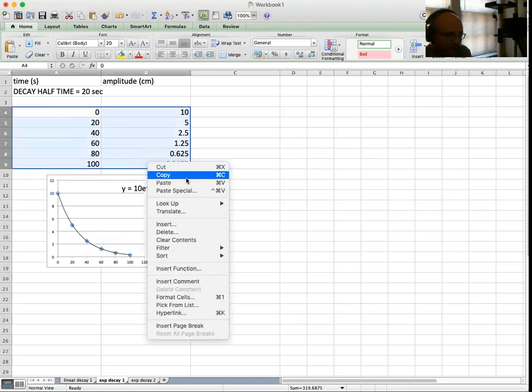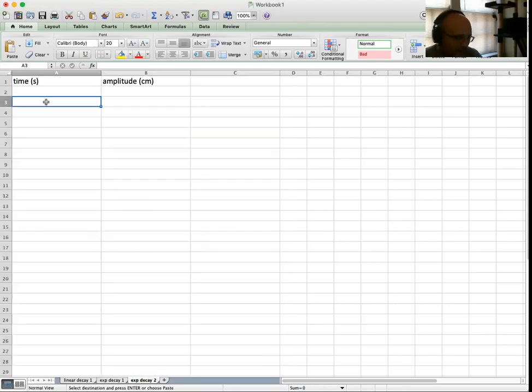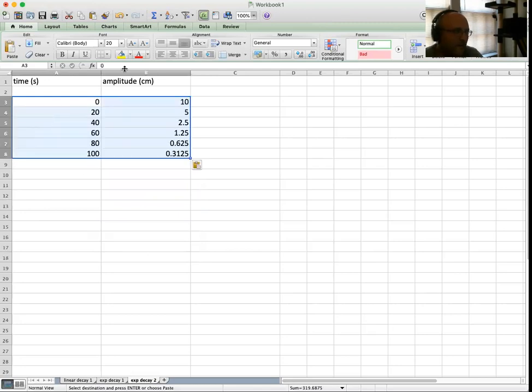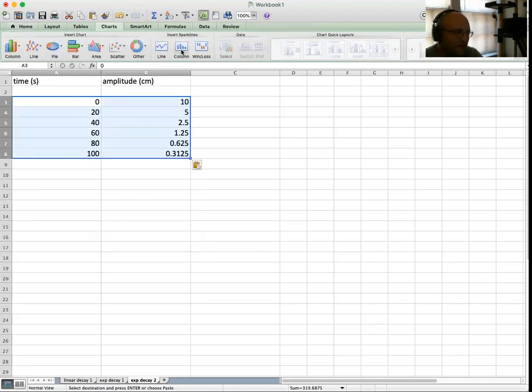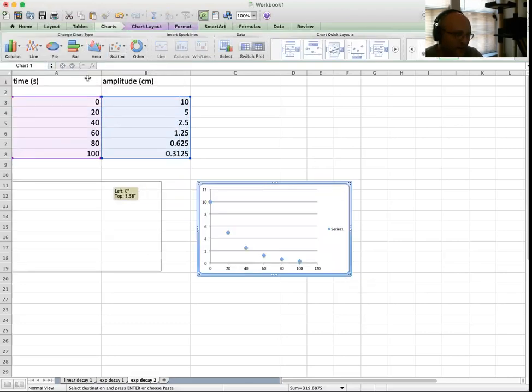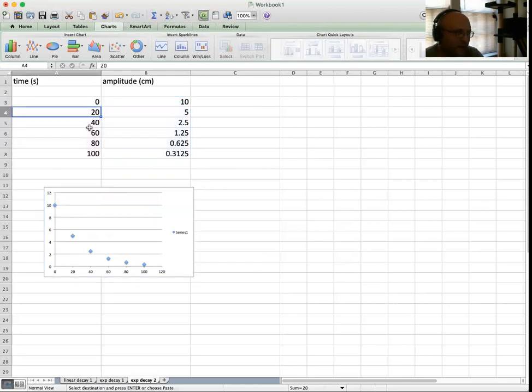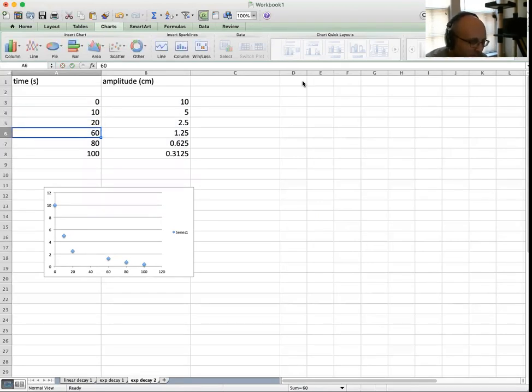All right. Now, to show you another one of these, I'm going to paste my data. Okay, and I'll plot it again. Same kind of scatter chart. This is the same chart that I generated before. If I make the decay half time 10 seconds now, I can do that, and Excel will automatically fix the points for me.